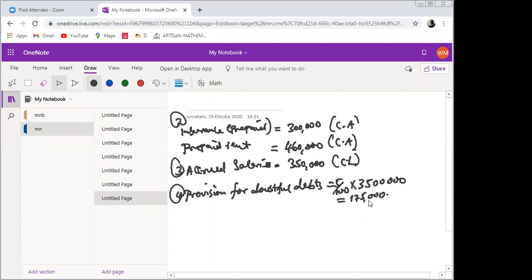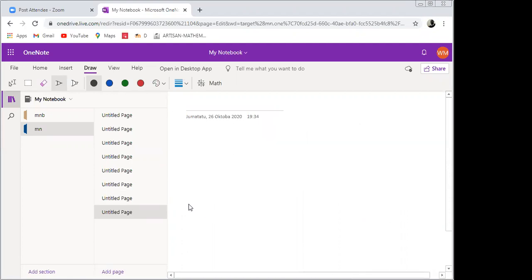Are we going to use it anyway? Anyway, let us now prepare the statement of financial position. The name of the business is Mutusa Traders.